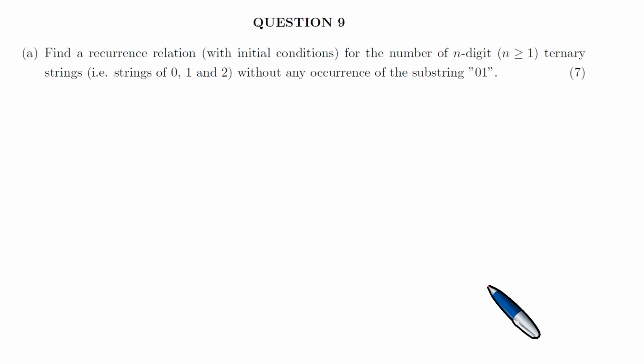So you need to get your reasoning in order here. Let's do this one together right now. How do we find the recurrence relation and its initial conditions for the number of n-digit ternary strings when n is bigger or equal to 1? Ternary strings have those 3 digits, 0, 1, and 2.